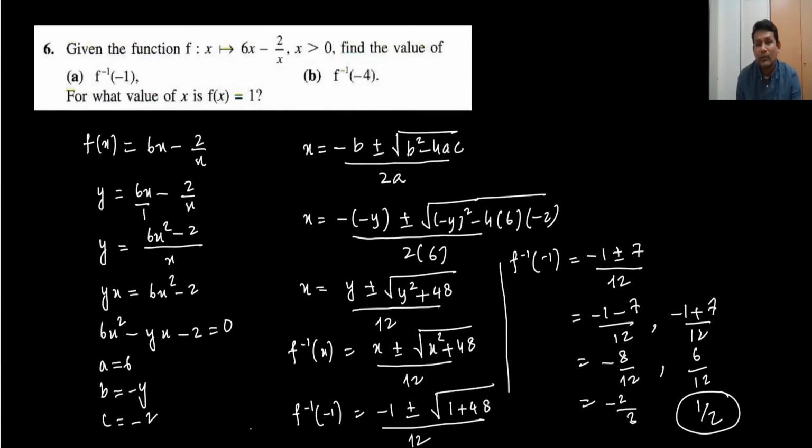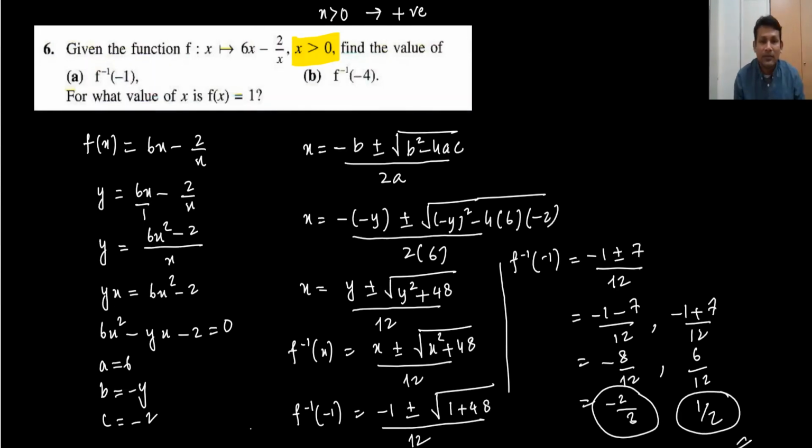I will use only 1 upon 2 because it is already given in the question that x is greater than 0, which means x is positive. This is the shortest way to see it, so I will ignore the other value. The right answer is 1 upon 2.